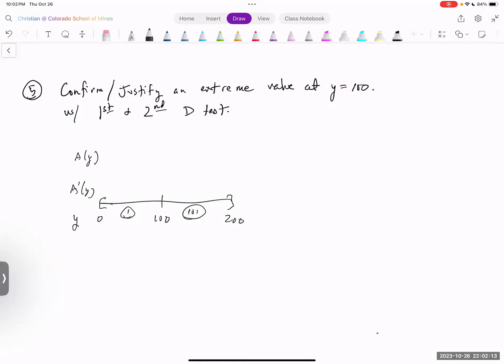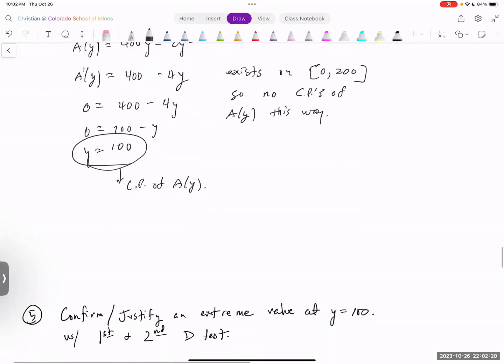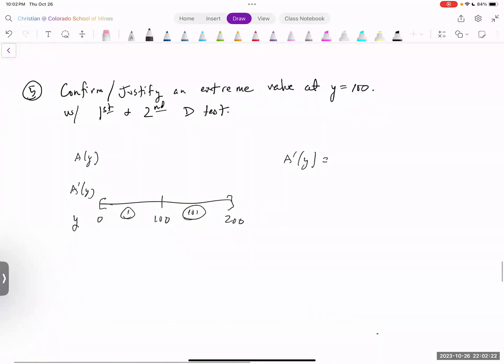So for A prime of y, we had 100 minus y for our simplified derivative, and we want to test A prime of 1. A prime of 1 is going to be 99, and that's positive. Positive on this interval, A of y increases.